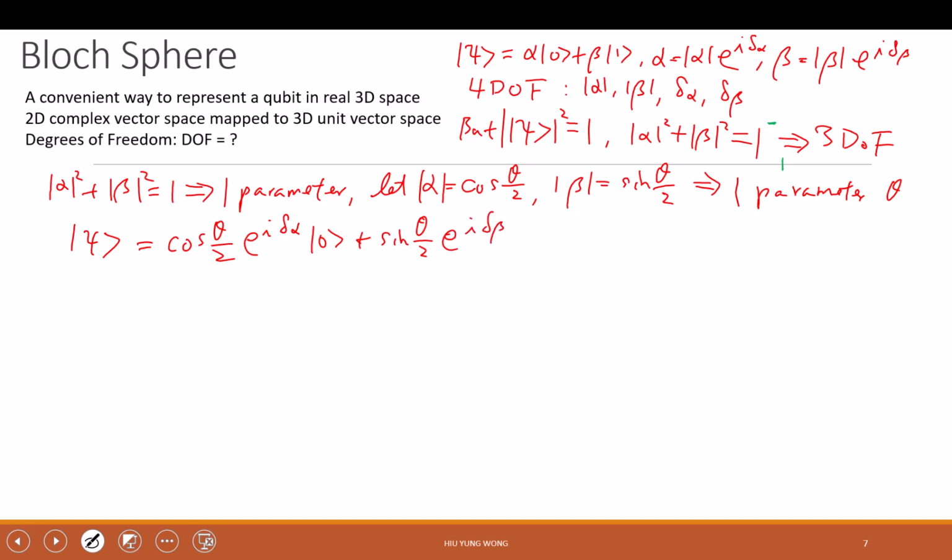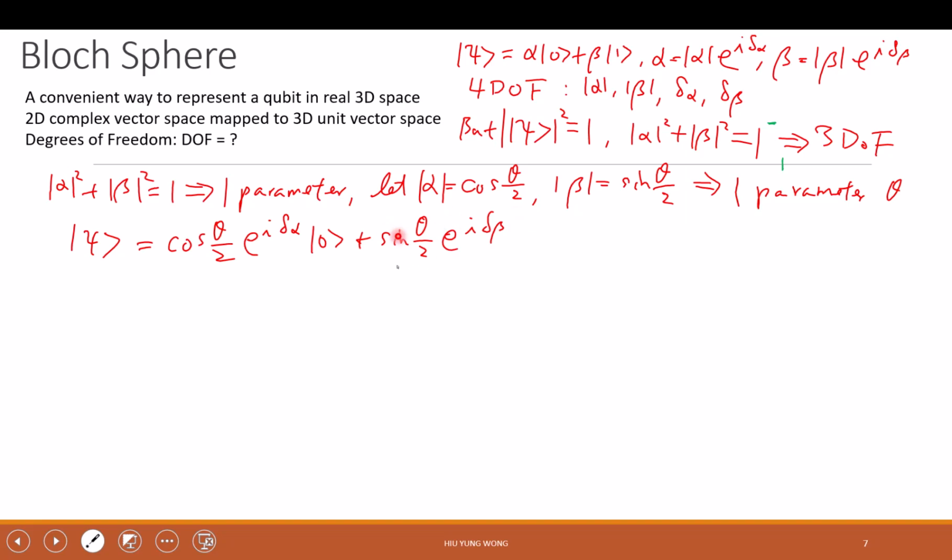What I'm doing is just repeating this equation, psi equals alpha 0 plus beta 1. Alpha is the magnitude of alpha, now cosine theta divided by 2, times e to the power i delta alpha. Beta is the magnitude of beta, which is now sine theta over 2, times e to the power i delta beta.